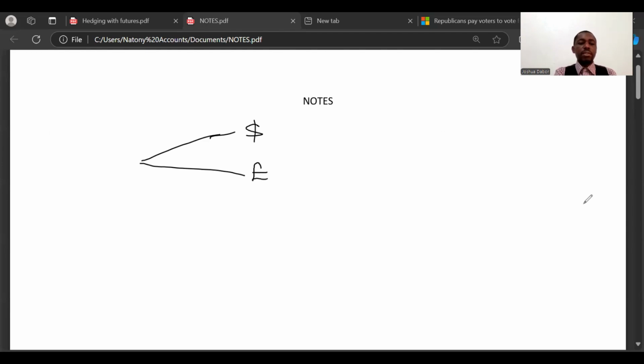If this is a payable, you are expecting to pay the dollar in the future. What is your exposure? You'll be buying the dollar to make payments.